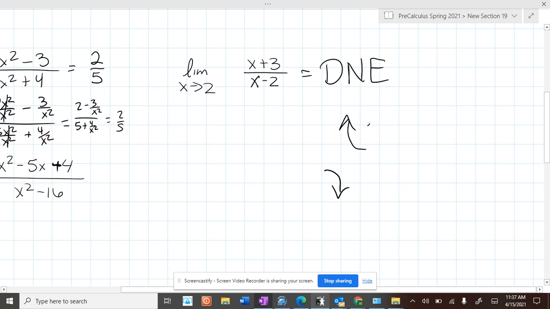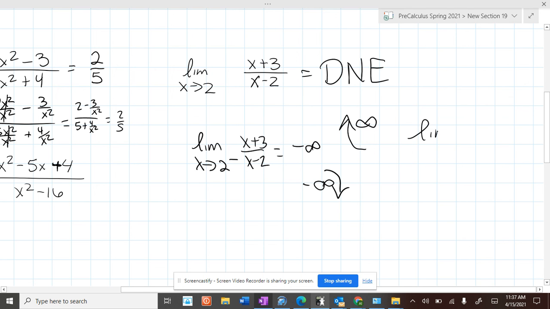Because from the right, it goes towards infinity. From the left, it goes towards negative infinity. So if a limit goes towards two different answers, then at that point, it does not exist. Now, if I said the limit as x approaches 2 from the left of x plus 3 over x minus 2, then it would be negative infinity.